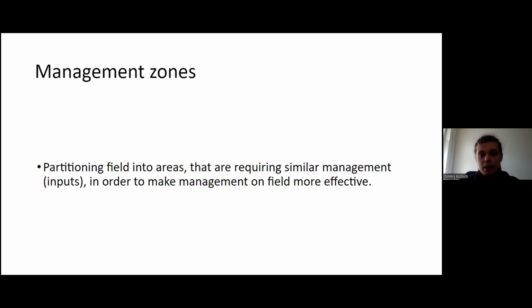Why do we need management zones? Because these zones on the field have similar potential for vegetation health and yield. If we partition the field into these zones, we can manage it more easily.